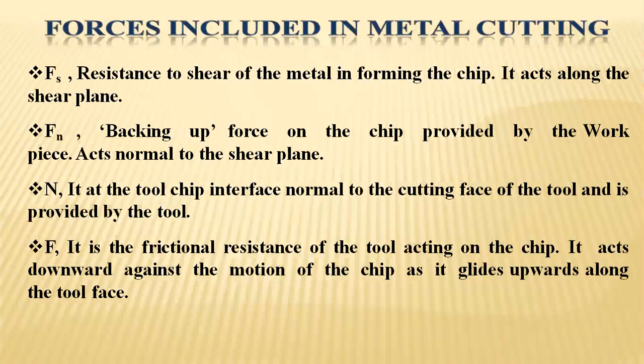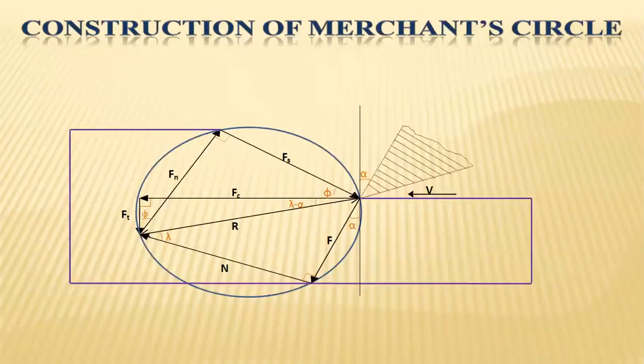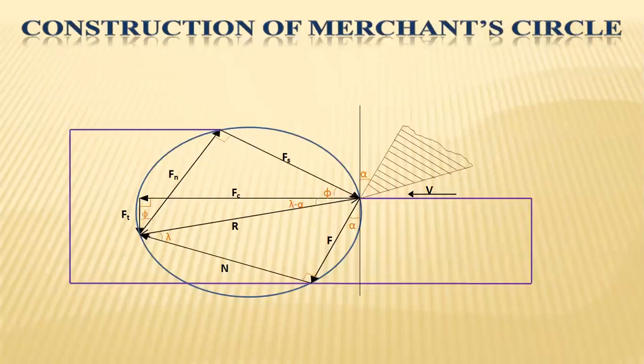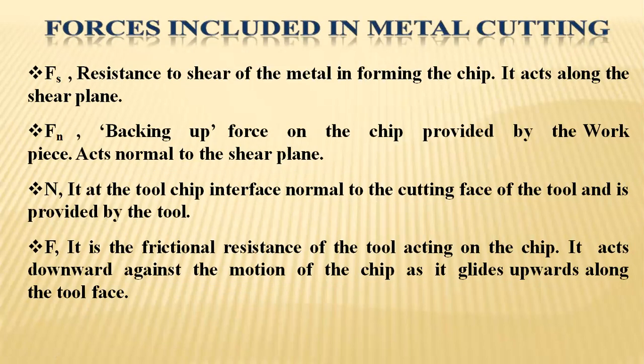Here, see, the resistance to the shear forces of a metal in forming the chip acts along the shear plane. As you have considered, in the shear plane is the material which needs to be removed or machined. And Fn is the backup force, so that the chip will be in a ready mode in order to be removed.